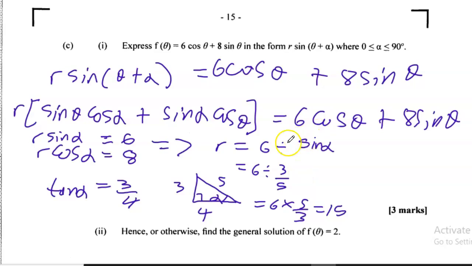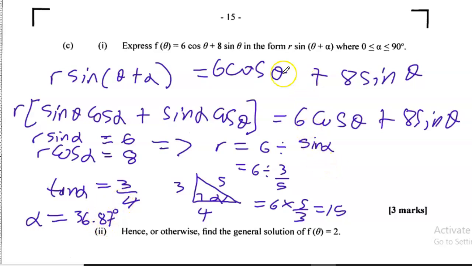So r would be equal to 10, and from here tan alpha is 3/4, alpha would be equal to 36.87 degrees if you're using a calculator.